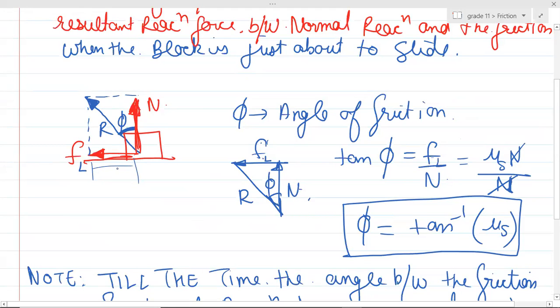But this angle will be maximum only when this friction will be equal to what? The limiting friction. So when it is just about to slide, that angle between the normal reaction and the total reaction force is defined as the angle of friction.